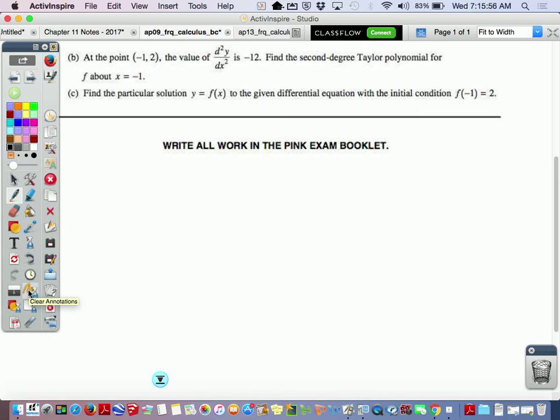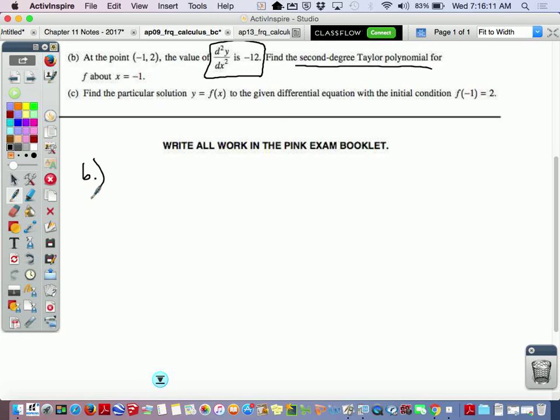Question B. At the point negative 1, 2, the value of the second derivative is equal to negative 12. Find the second degree Taylor polynomial for f about x equals negative 1.